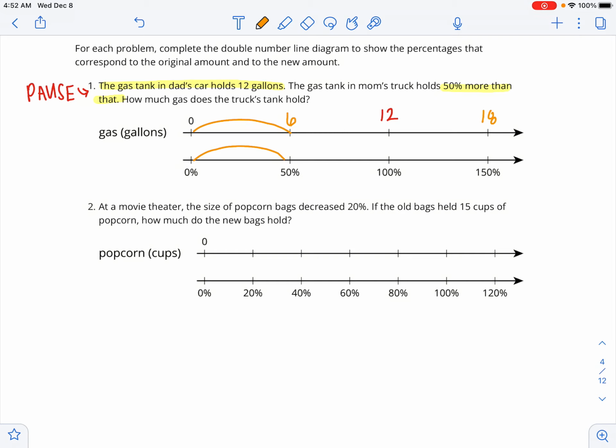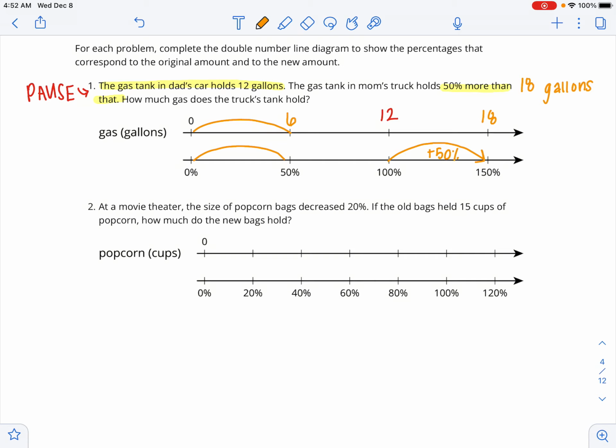We knew that was the case because when we split 100% in half, we also needed to split 12 in half. That means that Mom's tank holds 50% more, which is a final answer of 18 gallons. Because we can see 50% more than 100 show up here on our double number line.